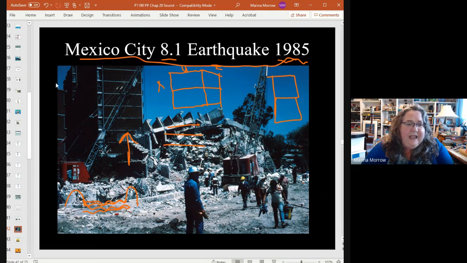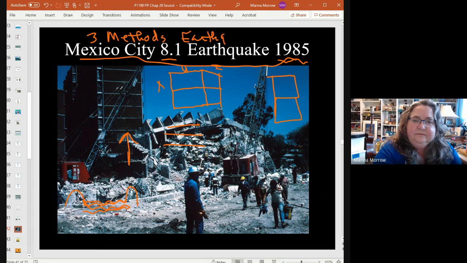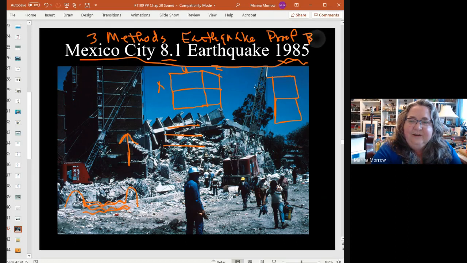So usually I offer an extra credit paper. You can earn extra credit by writing a paper on 3 methods for building earthquake-proof buildings. That doesn't mean earthquake-proofing your home, like attaching the bookshelves.